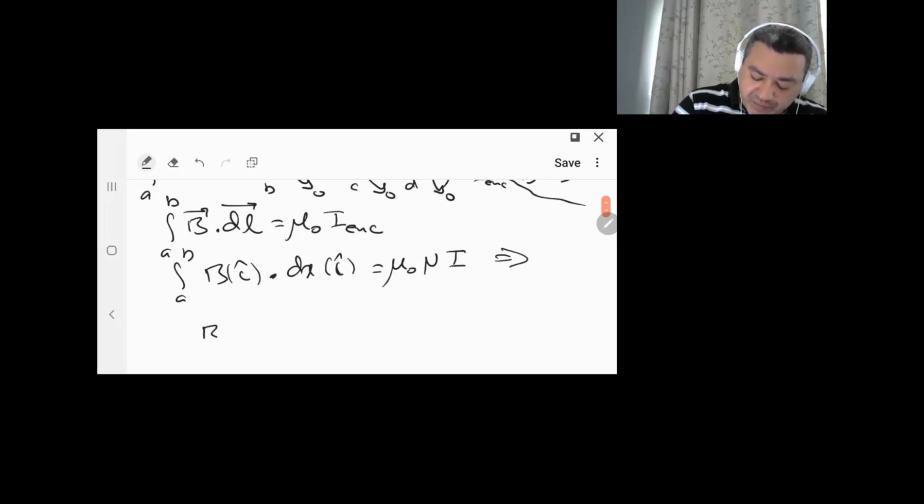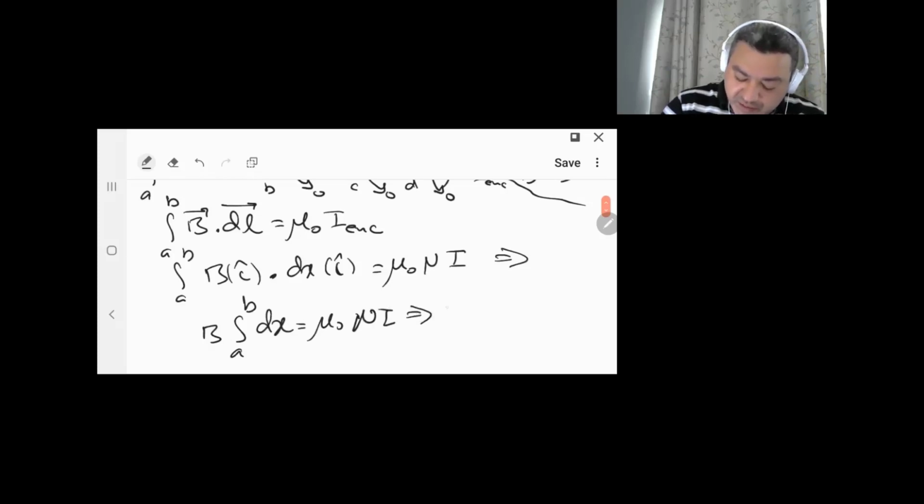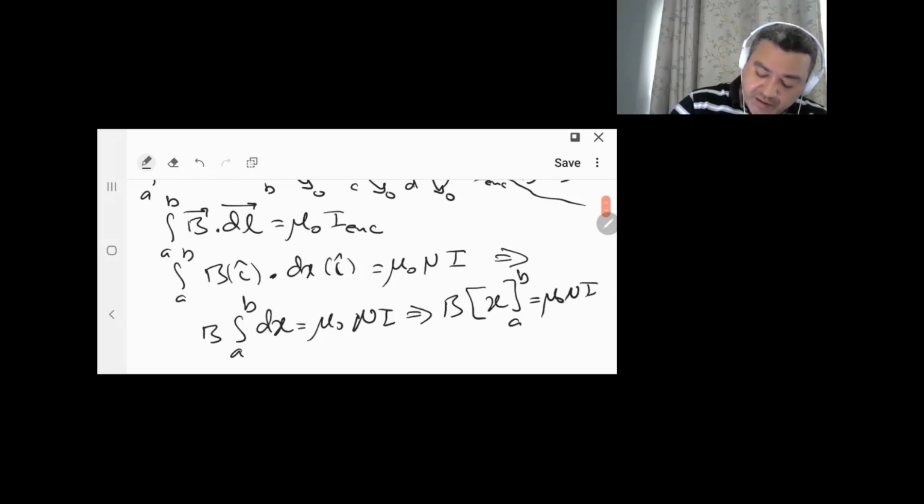So I have B integration from A to B for dx equals to mu naught N I, which means this gives x from A to B equals to mu naught N I.